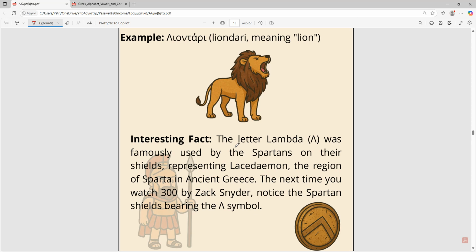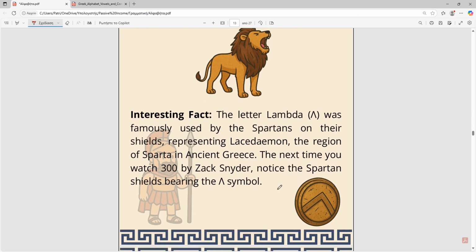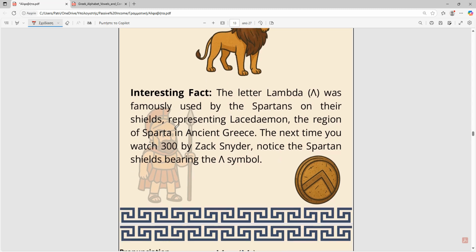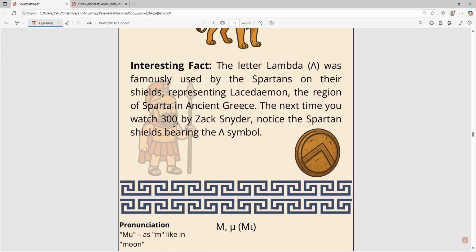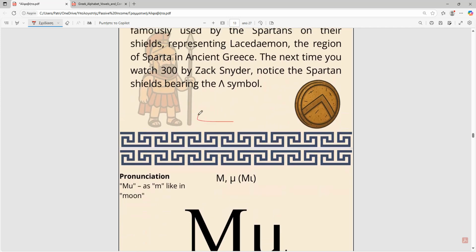The lambda that the Spartans bear on their shields comes from Lacedaemon, which means Spartan, back in ancient Sparta. It was their original name. Instead of Spartans, they were called Lacedaemons. And here I have a picture of Leonidas, if you didn't notice.